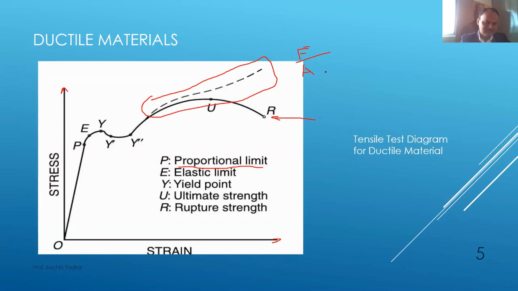But if you take actual cross sectional area, then you will get this dotted line as the actual stress curve, or actual stress strain diagram, and that's why it is called actual stress. Getting? Yes, sir. Okay, thank you.